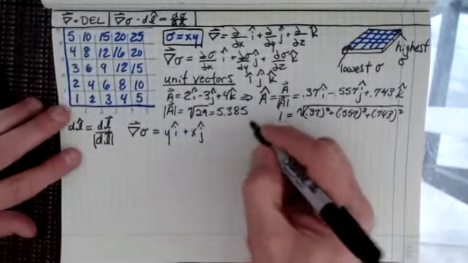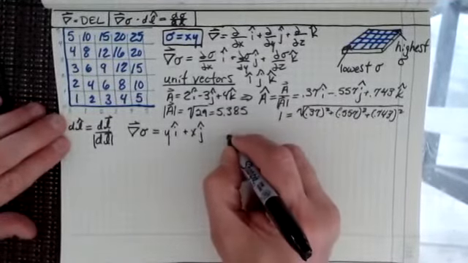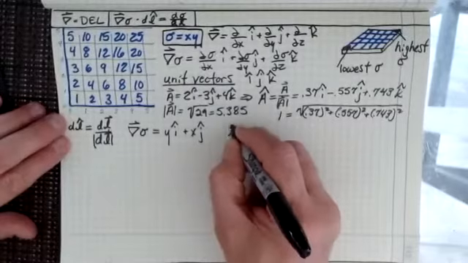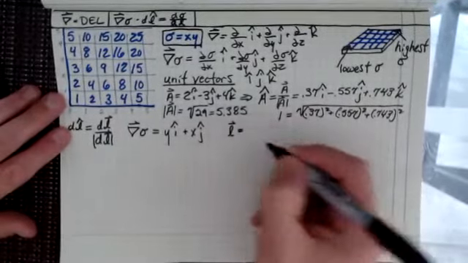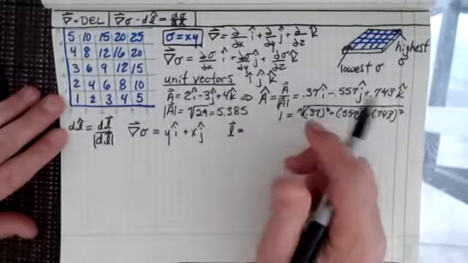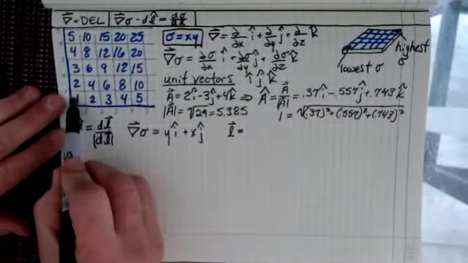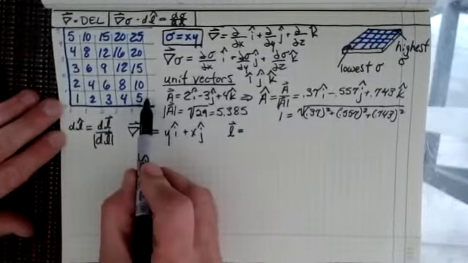Now, let's look at a direction that we want to go through this. Let's say that we want to go right through number 1 in the x direction.